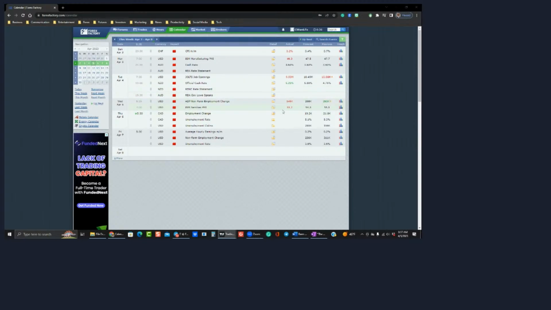This is why I don't use fundamentals. Previously you had 261,000 orders, and for this one it was 55,000. The forecast was that it would be lower, around 208. The forecast here was that it would be lower at 54, but it actually came in much lower.